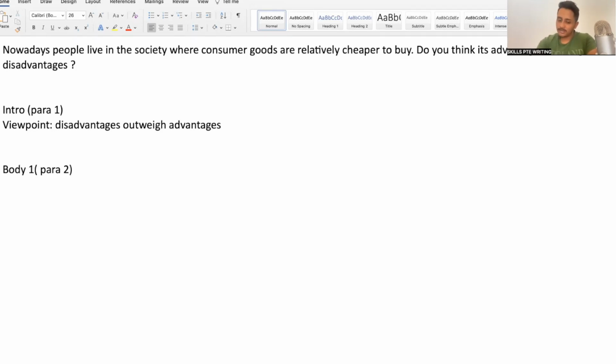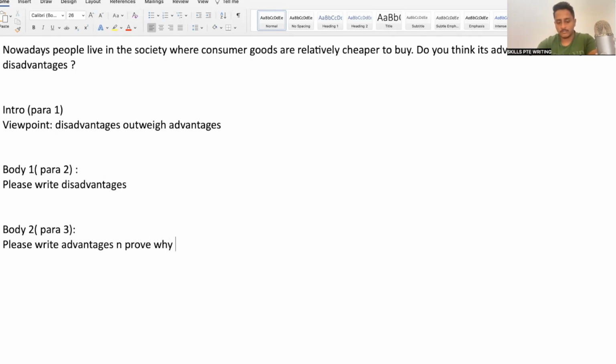This is para 2 or the body 1. Cons means disadvantage. Pros means advantage. This is enough. I want you guys to mainly write this first.